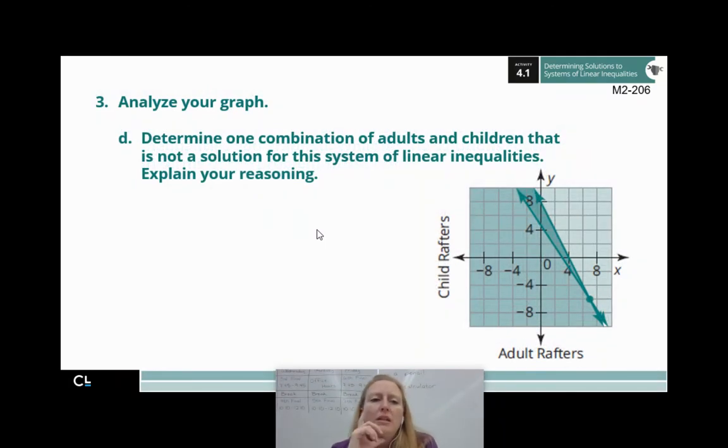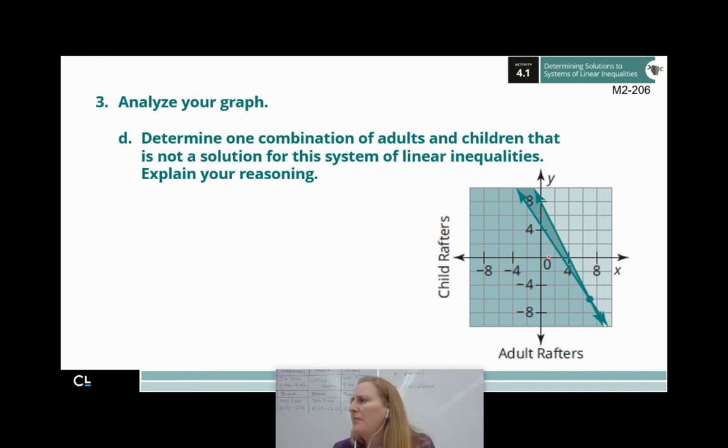Can you determine a combination of adults and children from this graph that is not a solution for the system of linear inequalities, and explain why? Go ahead and hit pause. Give me a non-solution, and then hit play when you're ready to check your work. So I want something not in the sliver.